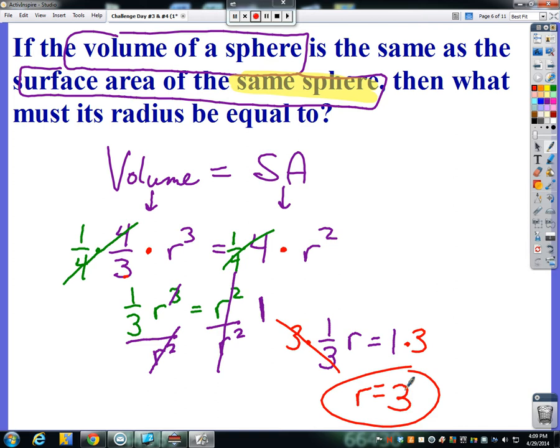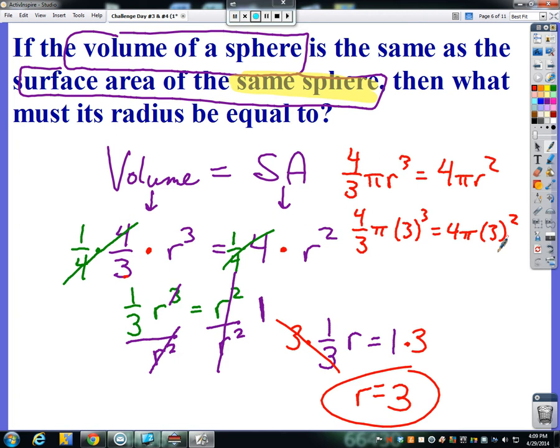So if I just wanted to double check real quick, is it true that 4/3 pi r cubed is really equal to 4 pi r squared when r is 3? So I put 3 in here, and 3 in here. You can look and compare. They're pretty much the same, right? One thing I notice is in the 4/3, I really have 3 to the first power, and here I have 3 to the third power.